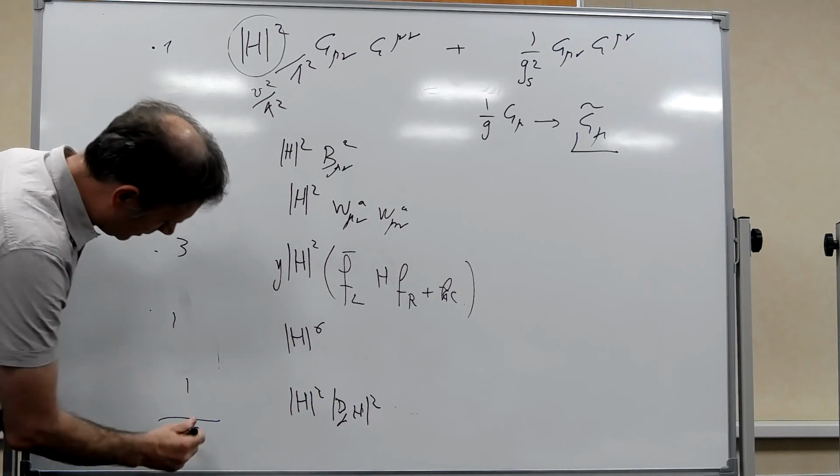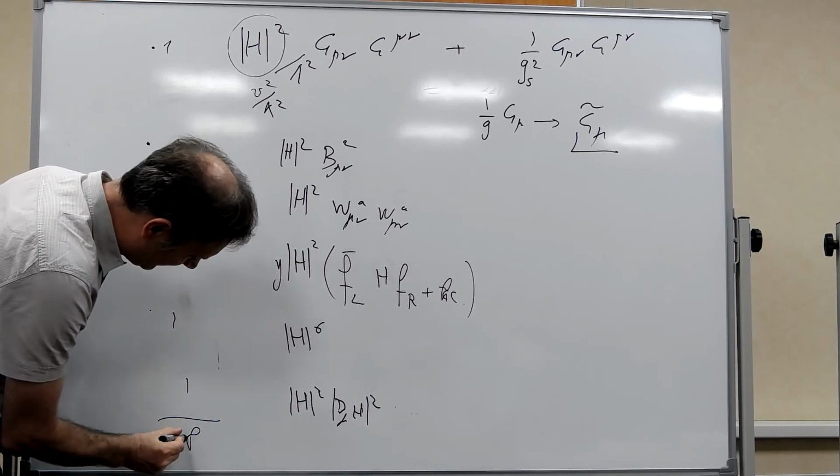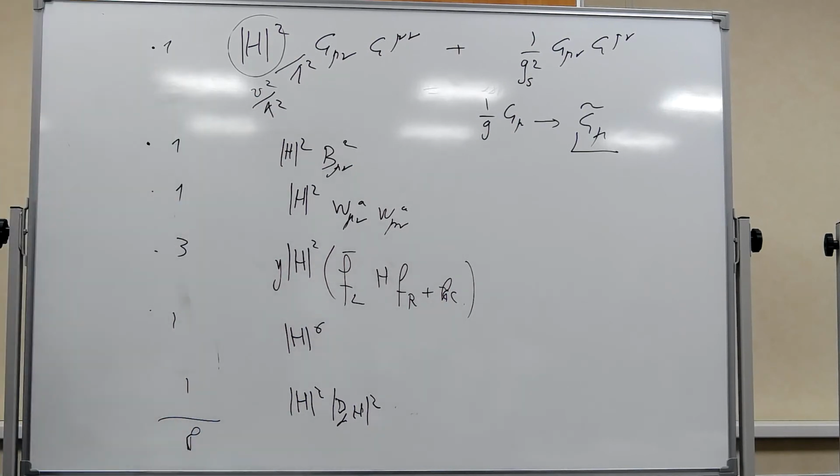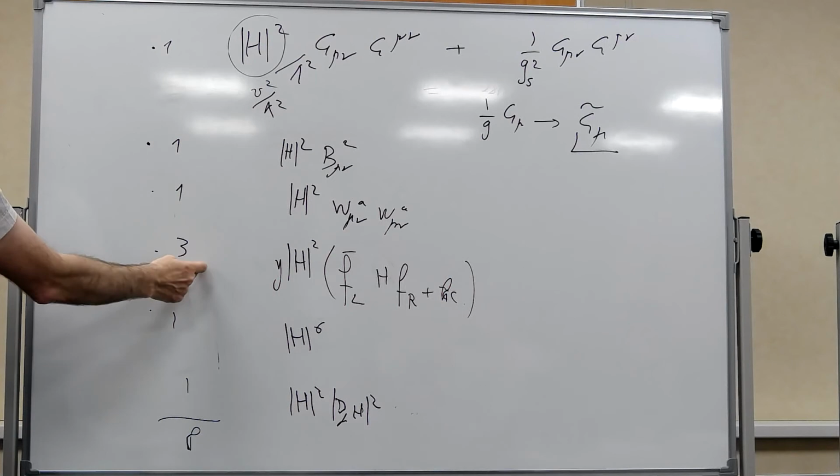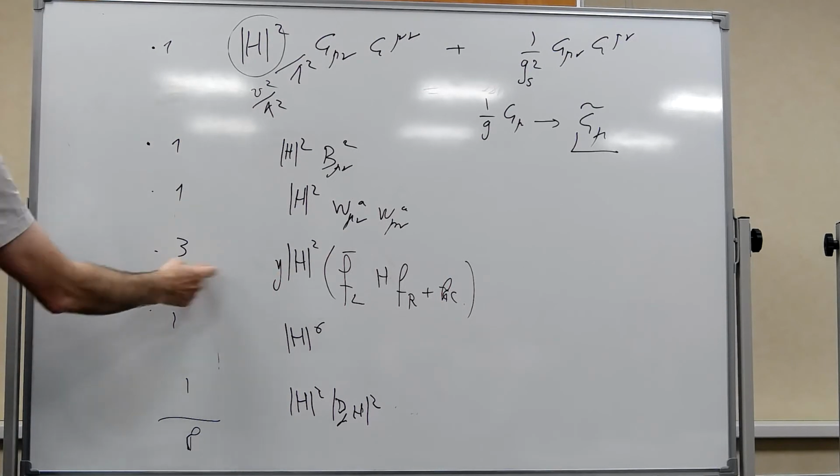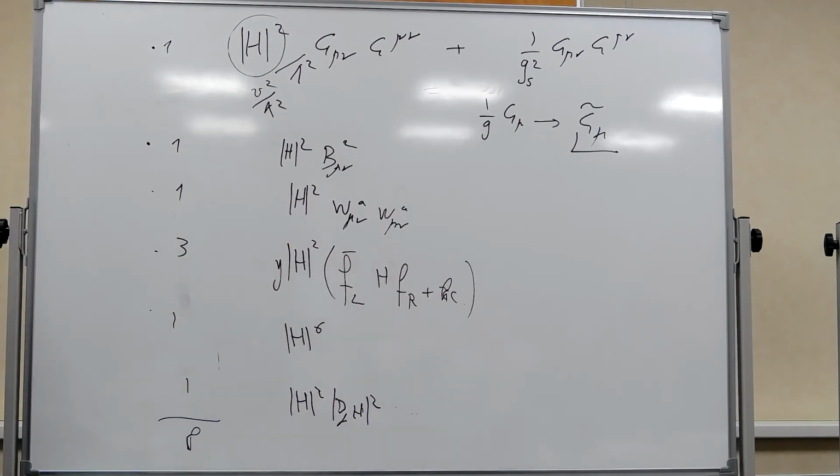It was done in associated production, so you're looking at VH production with H going to b bbar. At the Tevatron it was measured at approximately the same time when the Higgs was discovered at the LHC. Okay, you need to look at that. Precision is not high, but certainly it is not 10%.